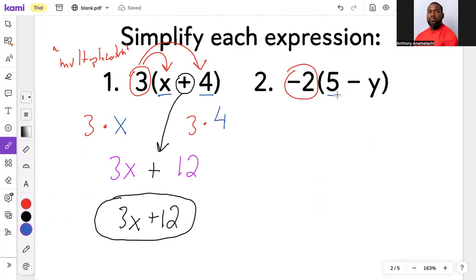My numbers inside are 5 and y. We're going to distribute 2 times because we have 2 numbers. So -2 is going to be distributed twice, times 5 times y.